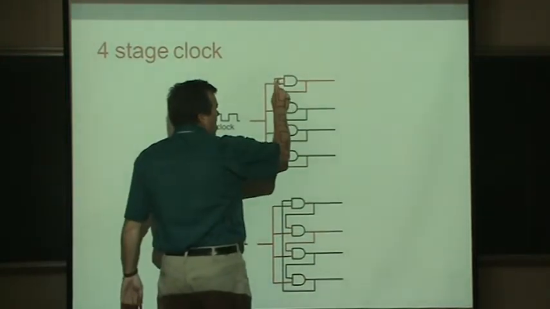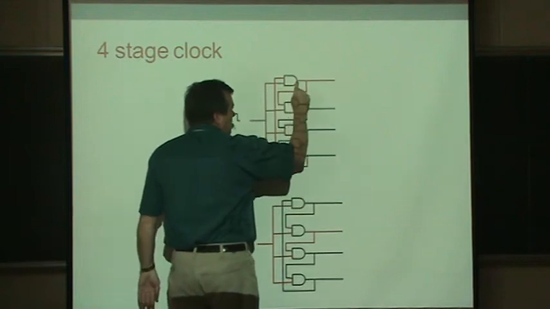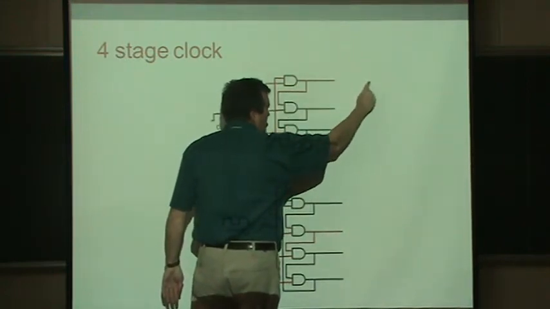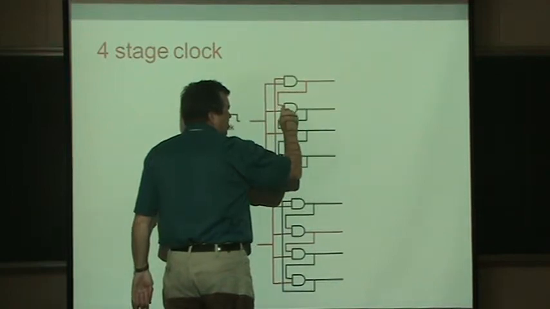If this wire happened to be on while the clock is high, this output wire will turn on, and since this wire is connected to the next input, this will also turn on.